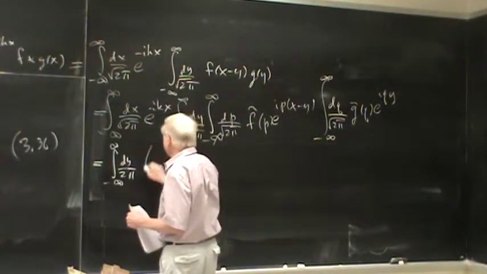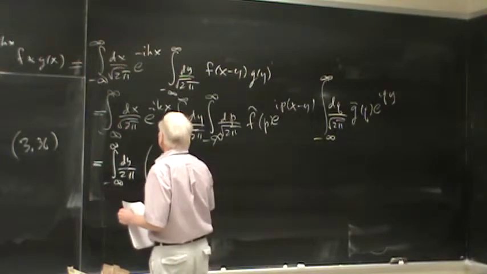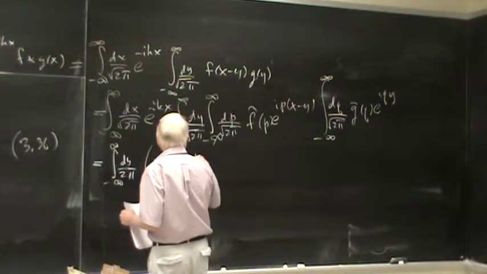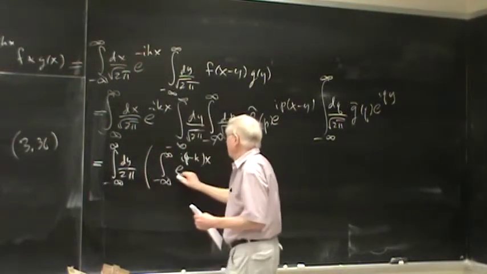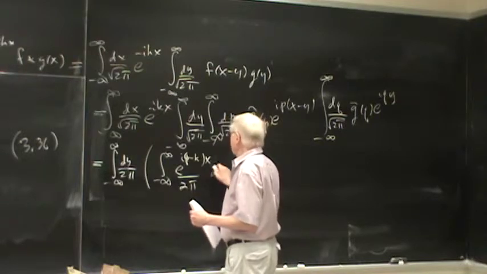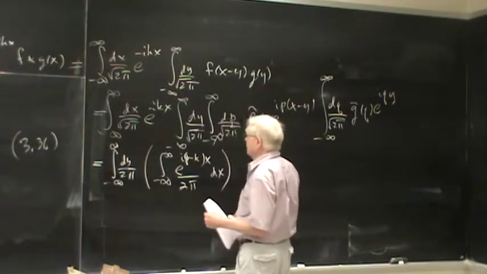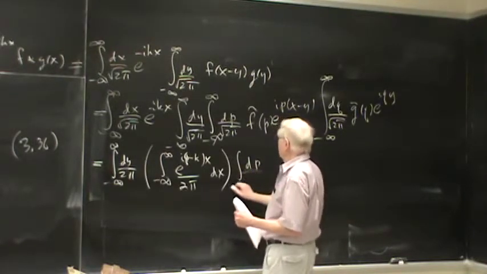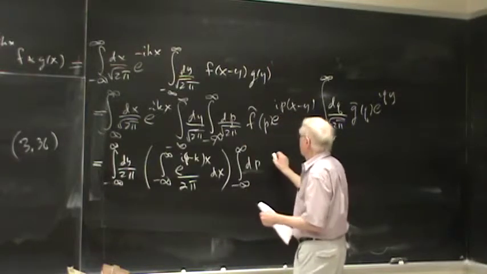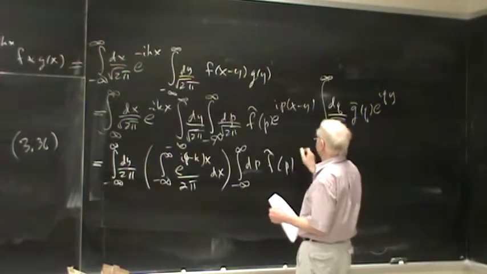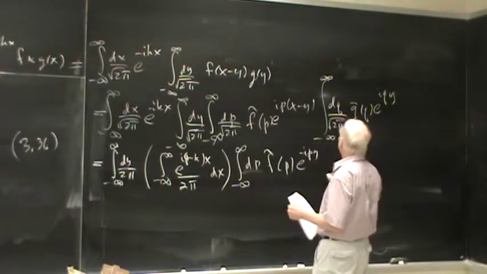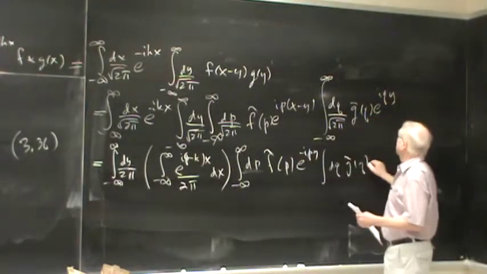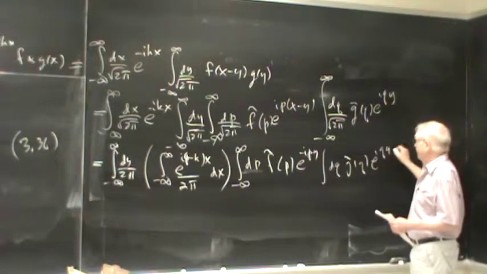Maybe I should do an extra step here. So this is integral minus infinity to plus infinity e to the i p minus k times x over 2π dx, and then what's left is the integral dp over, well, the 2π's are all gone. So this is f tilde of p, and what's left here is e to the minus ipy, and then this, which is the integral dq, g tilde of q e to the i qy.